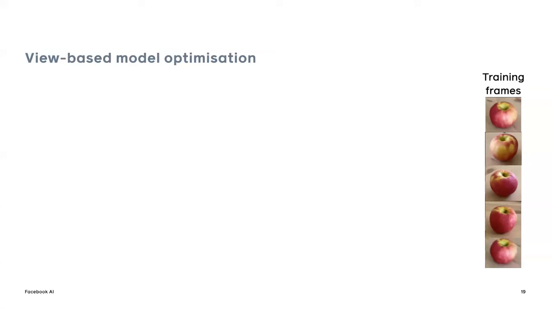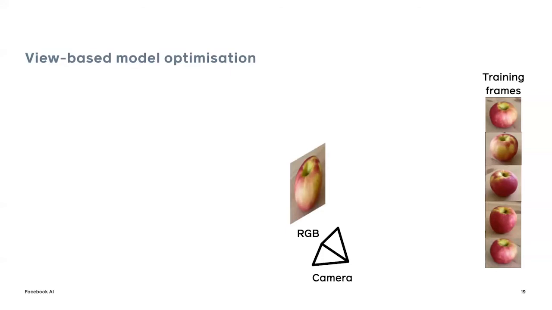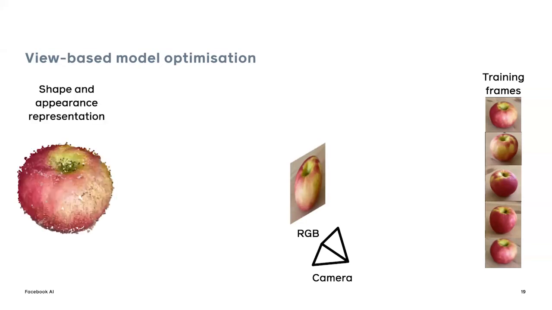So the basic idea is you're going to get your frames, you're going to extract one of them, and you're going to have a camera which is looking at this object, which is given to you, actually, because this is part of the ground truth that we give to you with the data set. You're going to initialize some 3D model of the object, which is not going to look as good initially, but eventually, once you have converged, will probably look like an apple in this case.